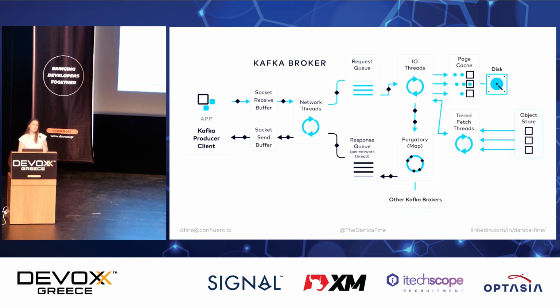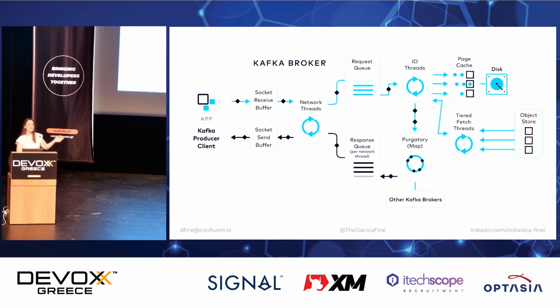This is currently in progress for open source Apache Kafka. Other managed distributions of Kafka do have this implemented, so I'm not going to go into detail here because it's going to depend on what you're using for how it's actually implemented and what happens, but just know that this is where that would be happening. If the data is going to be stored somewhere else, somewhere cheaper, the IO threads are also going to handle that.